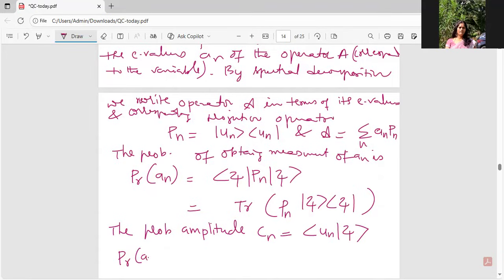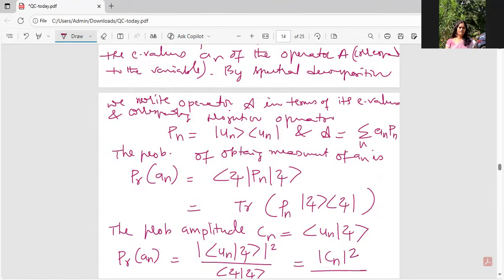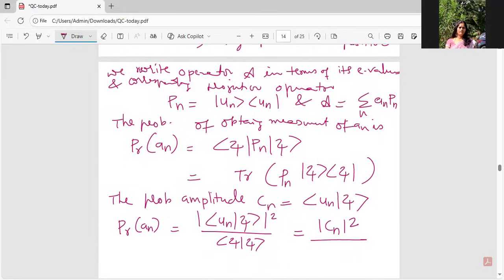Probability of getting measurement An, just see here, how do I find it, as the inner product of this by the inner product of ket xi. This is nothing but Cn squared by inner product of ket xi. Okay.